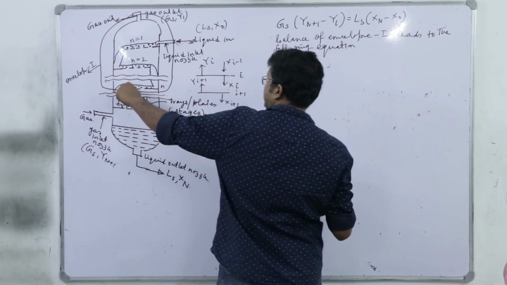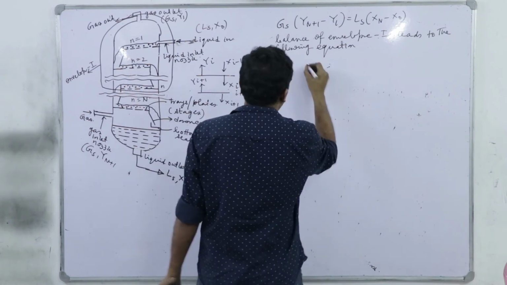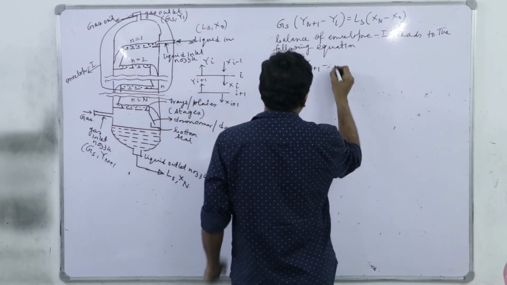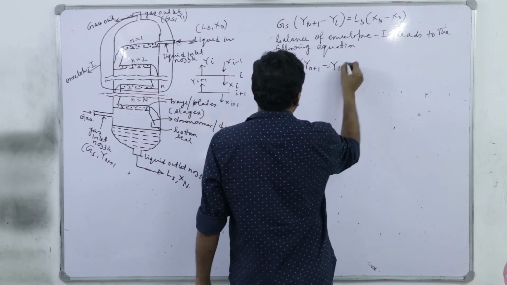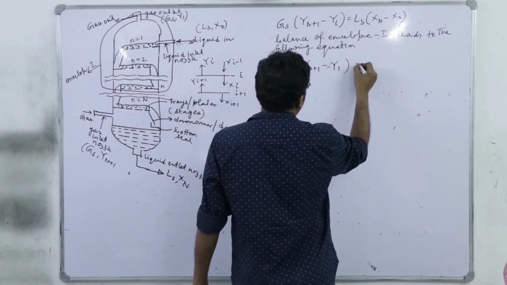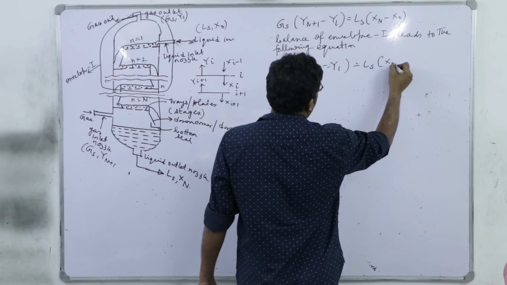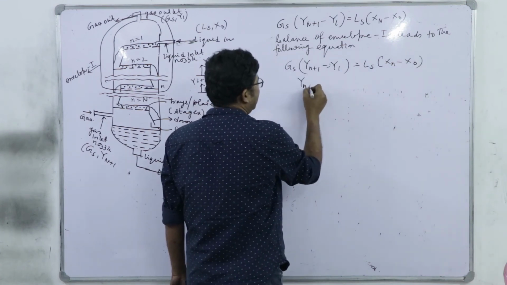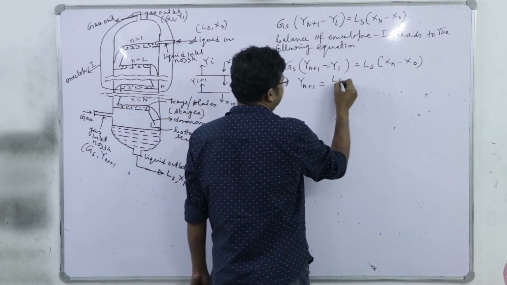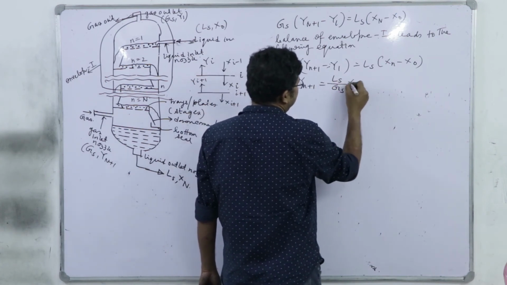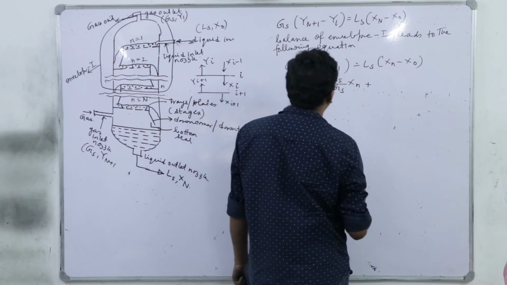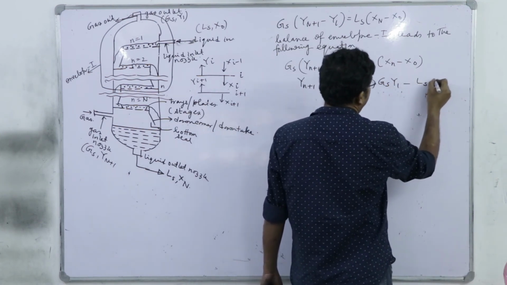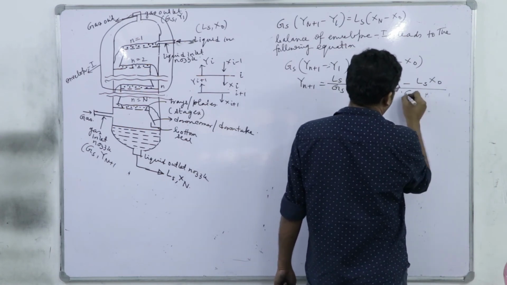What will be the equation from the bottom? We have (Yn plus 1 minus Y1) multiplied by Gs is equal to Ls into (Xn minus X0). So we have the operating line equation as Yn plus 1 equals Ls divided by Gs into Xn, plus (Gs into Y1 minus Ls into X0) divided by Gs.